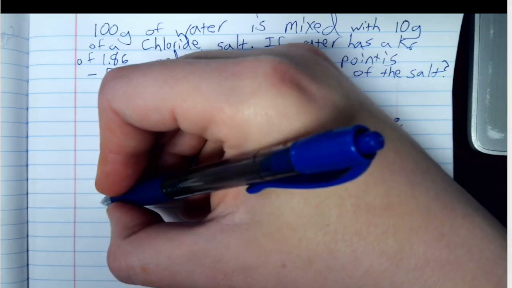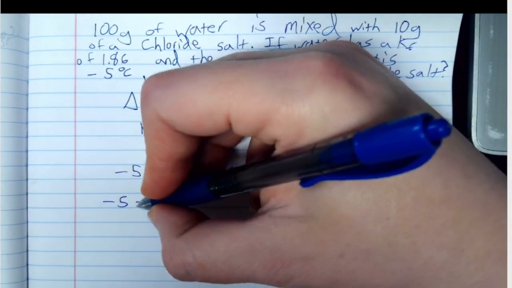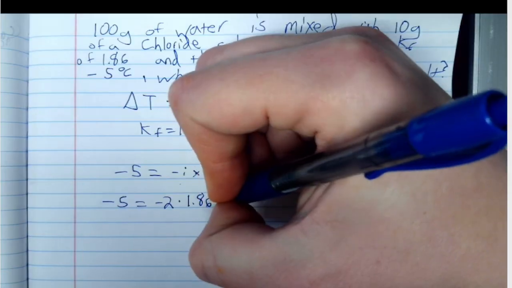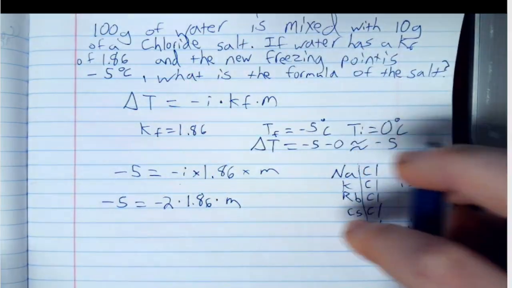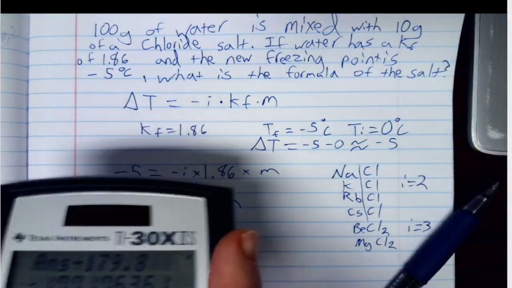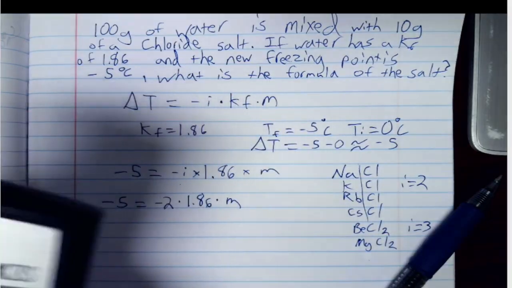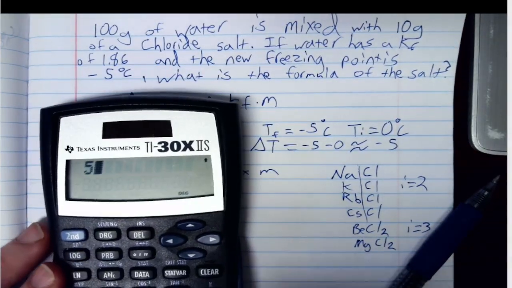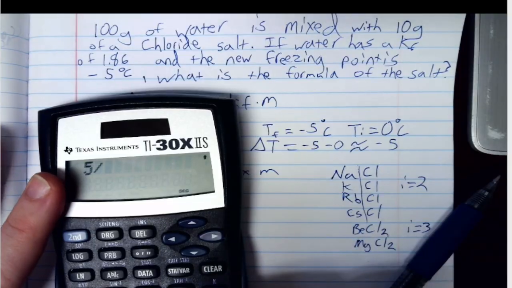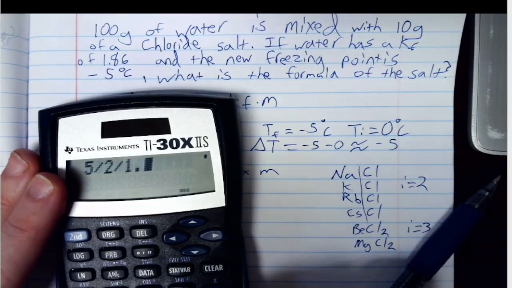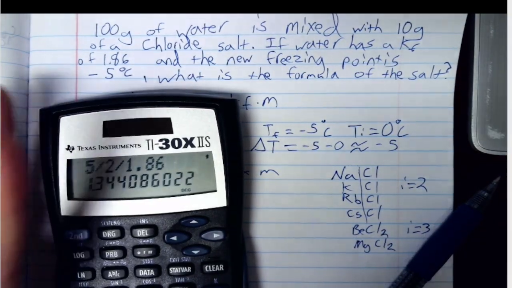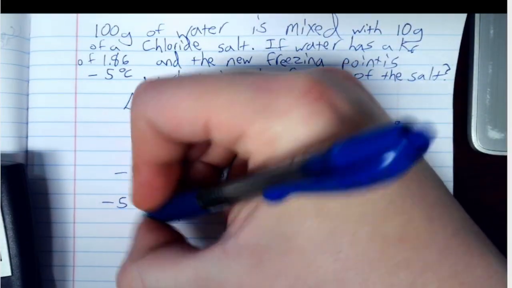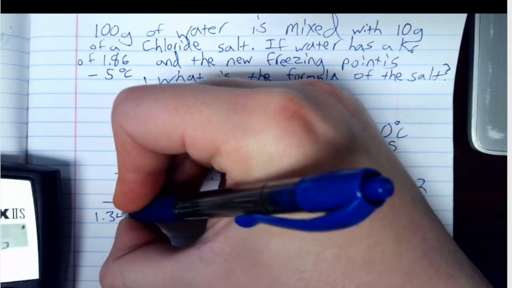So the first step, I'm going to do i of 2. So negative 2 times 1.86 times m. So I am just isolating my m. So negative 5 divided by negative 2 divided by 1.86 gives us a molality m of 1.344.